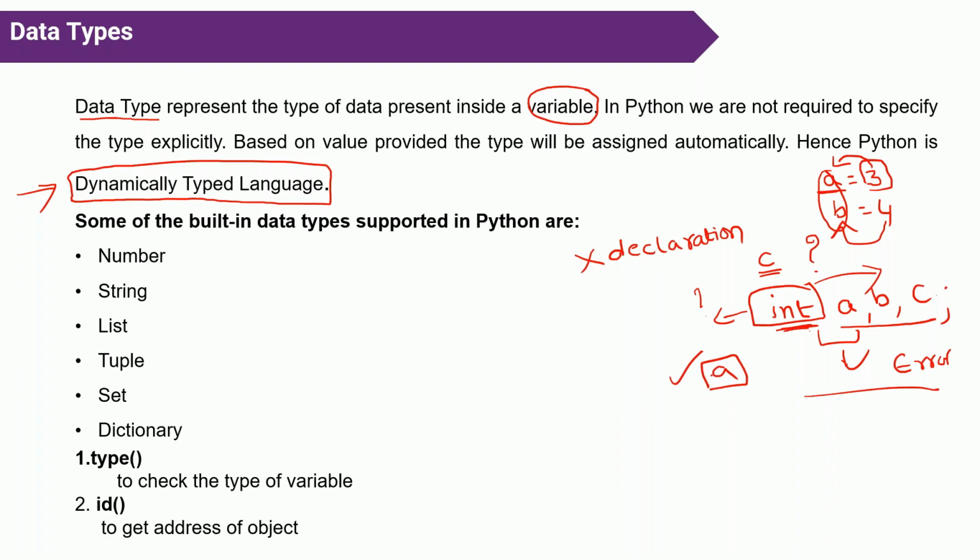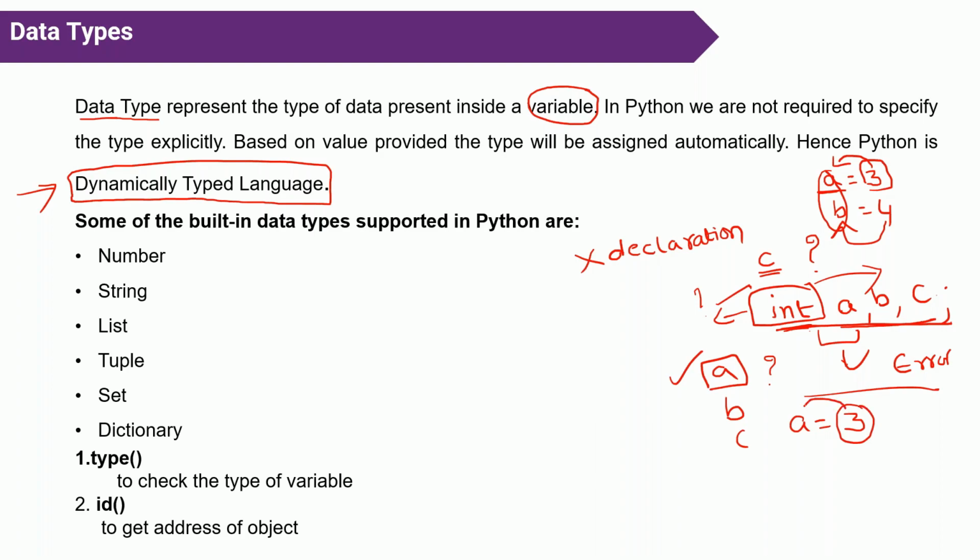Now, what is the data type? In C language, I know the data types of a, b, c are integer, because at the time of declaration, I clearly mentioned these are integer data types. But in Python, no need of any declaration. Then how do we know which data type A is, which type is B, which type is C? Suppose in the program, I assign some value. Generally, this 3 is called integer.